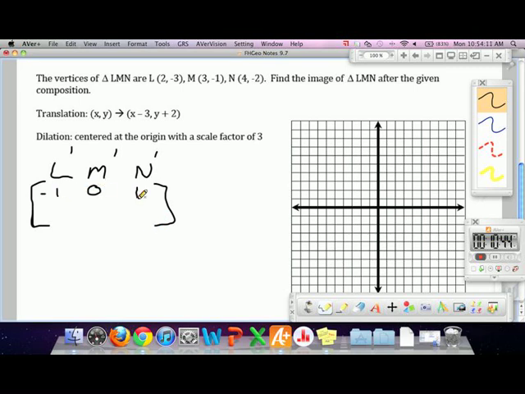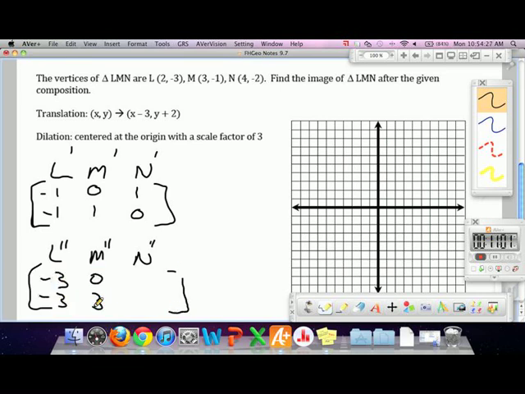For the final one, you should get matrices looking like this. Your final should be -3, -3, 0, 3.